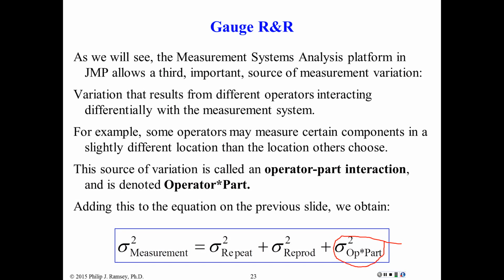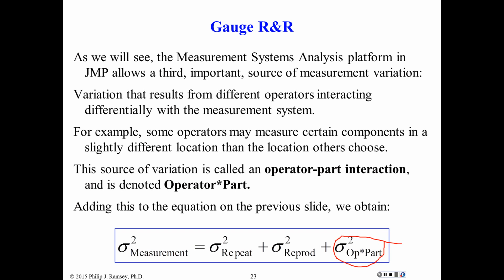We say there's an interaction of the two. So in a laboratory, some technicians, for instance, might prepare the samples differently, might calibrate differently, so we discover there's a lot of variation based upon how the operators actually measure the different samples or units.